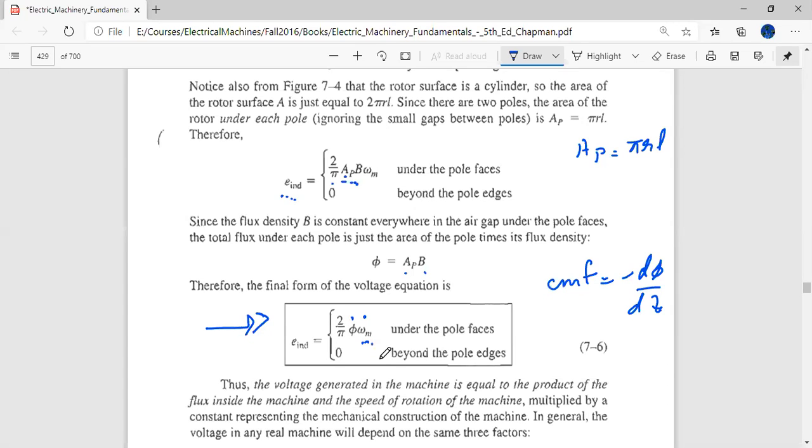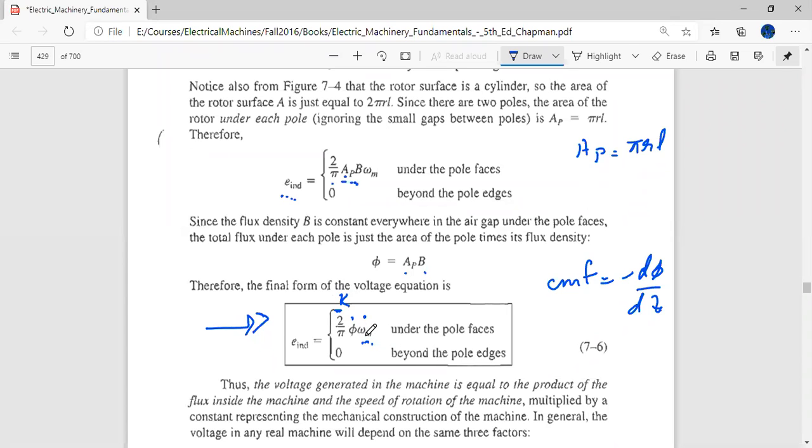This is a previously known result, and now we have just given it some specific shape for the DC machines. So induced EMF in more generic terms is equal to some constant K times the flux times the rotating speed. This constant K will vary depending on the structure of the machine, and flux and omega M are just generic quantities.